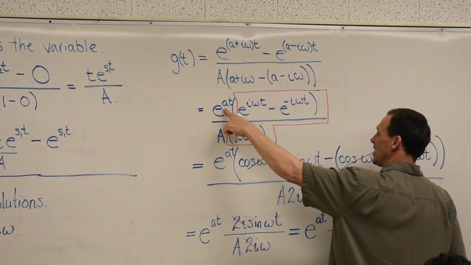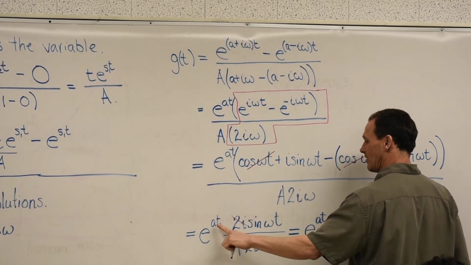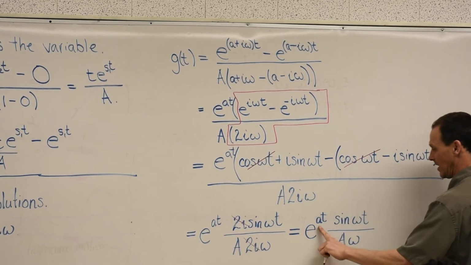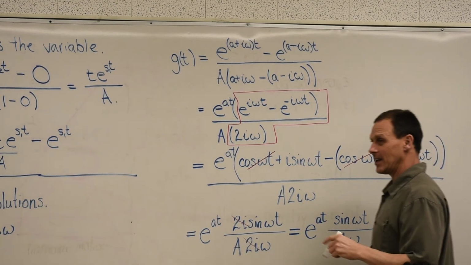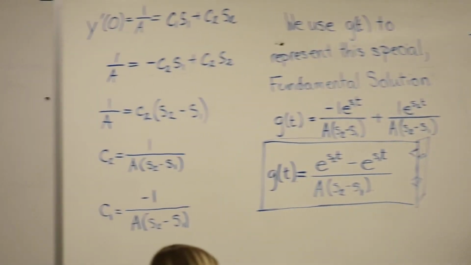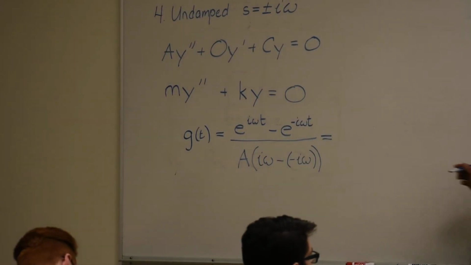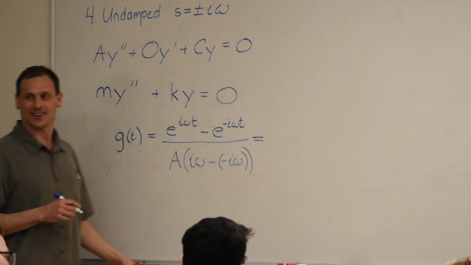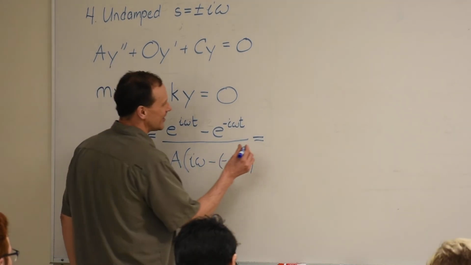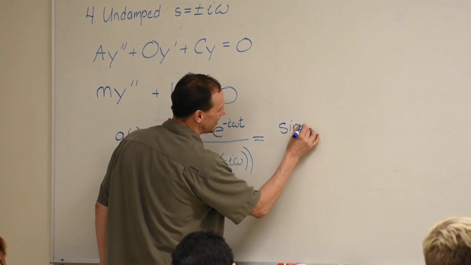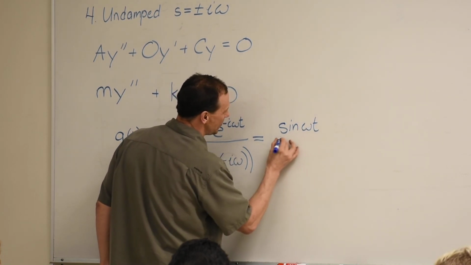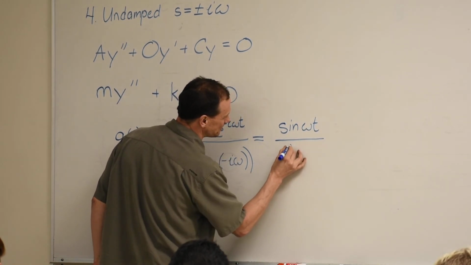So the e to the at is just e to the 0, which is 1, and the answer is sine omega t over a omega. Let's write that. So we had sine omega t over a omega.